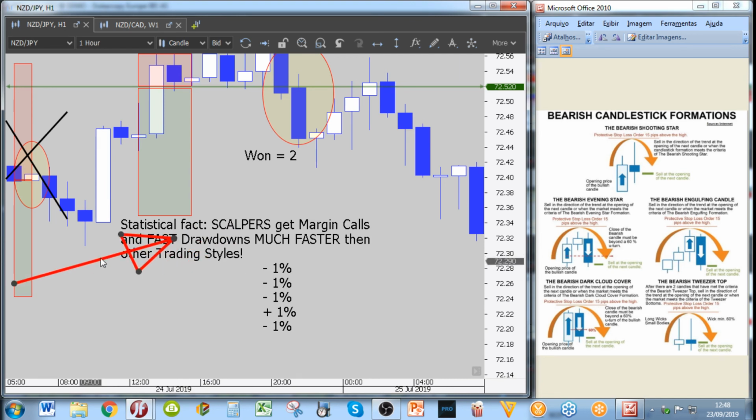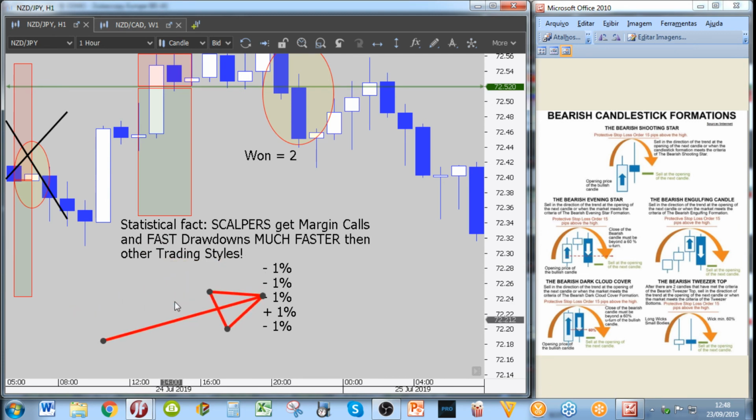Also the other styles get margin calls at the beginning, right? And drawdowns, of course. A beginner trader in 1 month, 2 months, 3 months of trading gets to less 20%, less 30%. Maybe he or she burned 50% of the account, but it's much slower.